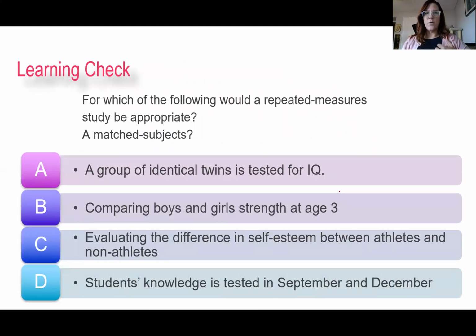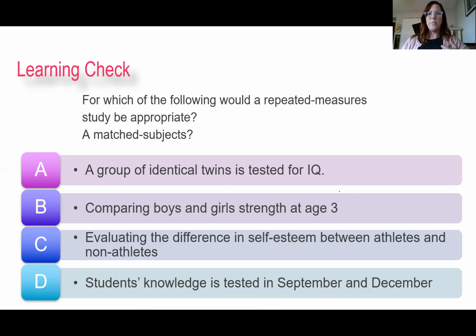So let's look at really quick a couple of questions. If you email me the answers to these questions, you can get some extra credit points. The first one is, which of the following would be a repeated measures test or related samples, and which would be a matched subjects?